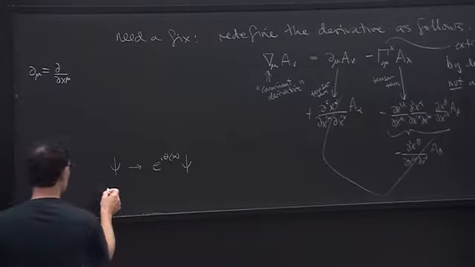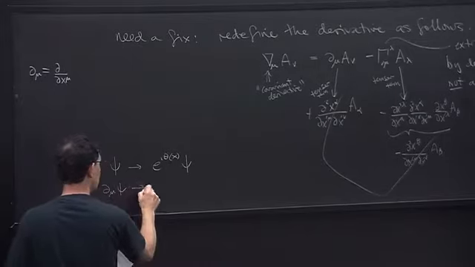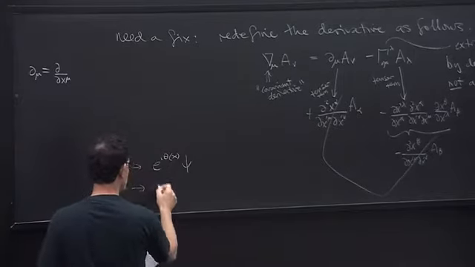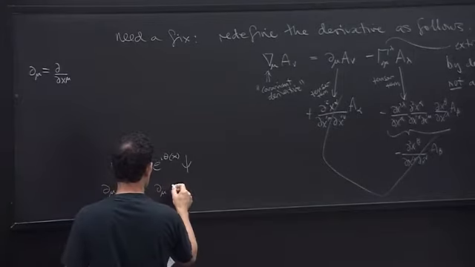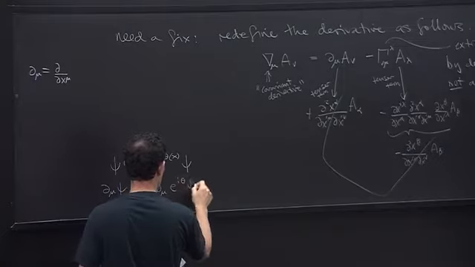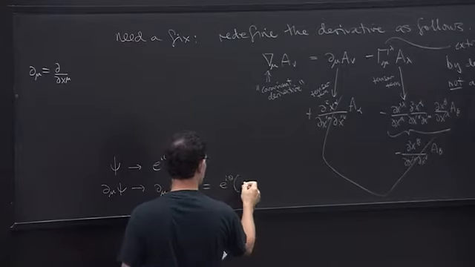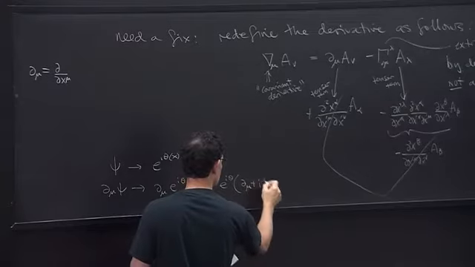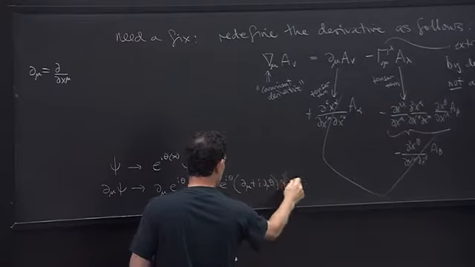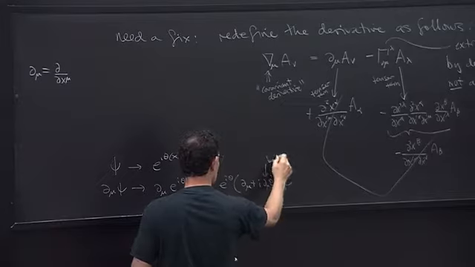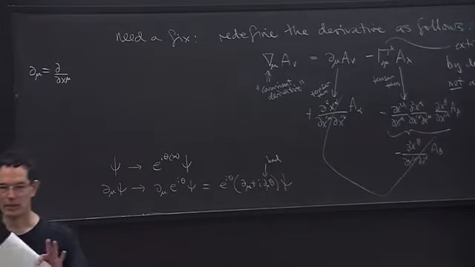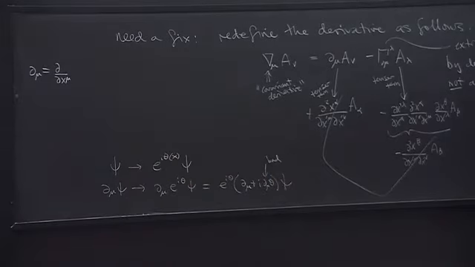And then, of course, you find that the derivative of phi goes to the derivative of this guy, which equals e to the i theta of d mu plus i d mu theta phi. That's the bad term. It means that physics is not locally invariant under redefining phases.